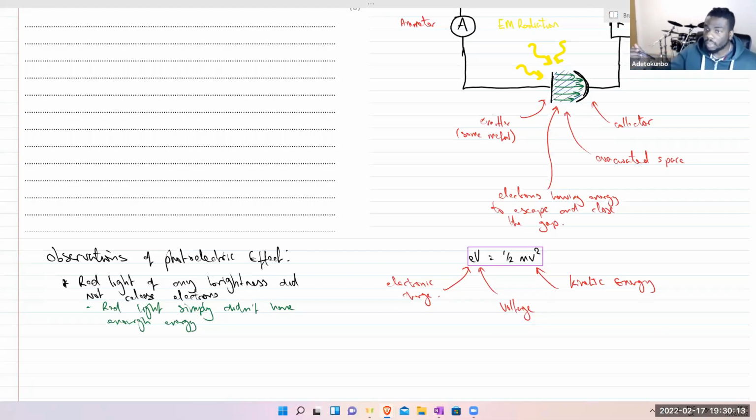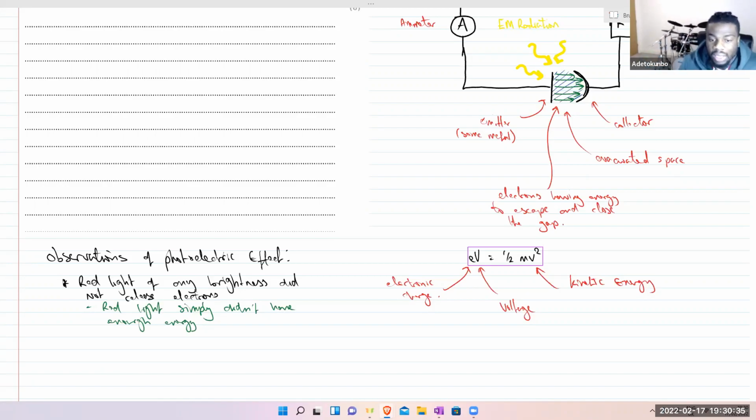exiting the metal. So what these guys are doing is that they are shining photons. These energetic photons will be absorbed by the electrons in the conduction band, and the electrons in the conduction band will have enough energy to escape and fly out in real free space. Yeah. Okay.